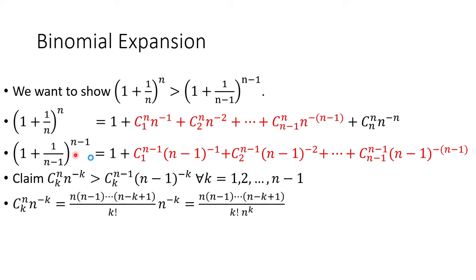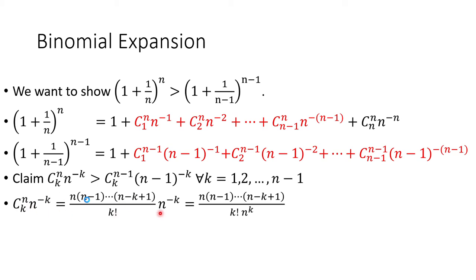So to do that, we expand C(n,k) using the combinatorial formula. C(n,k) is equal to n times (n-1) all the way to (n-k+1) divided by k factorial.